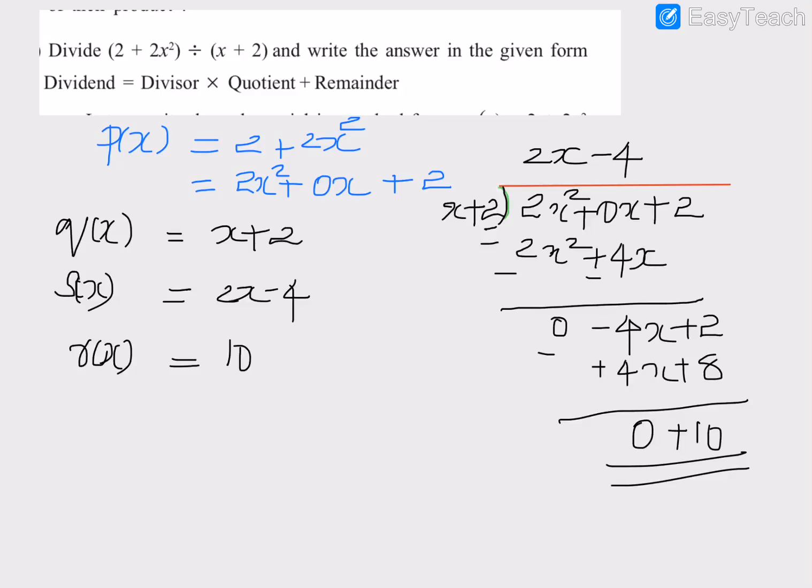Before that, you see that our question was 2 plus x square divided by x plus 2, and we get the quotient as 2x minus 4 and the remainder as 10.